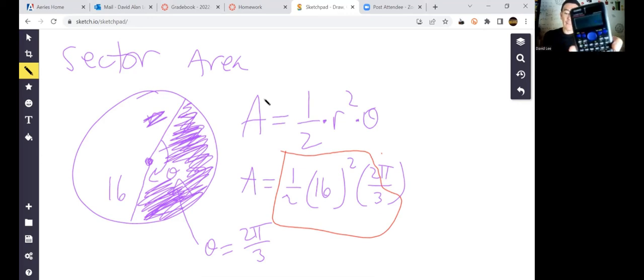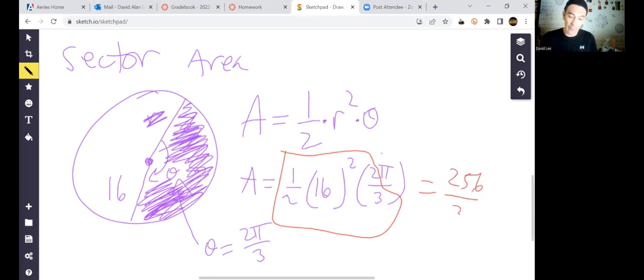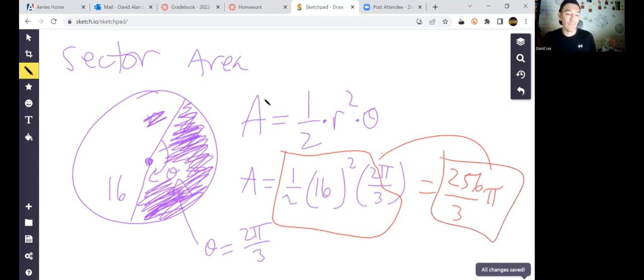And I'm getting back 256 over 3, and then just copy and paste the pi by hand. So if you want an exact answer, type in everything without the pi symbol, and then just write the pi symbol at the end. So that would be for areas of sectors.